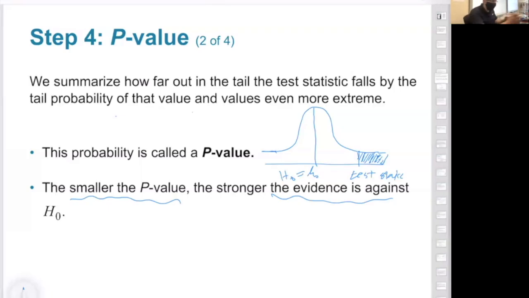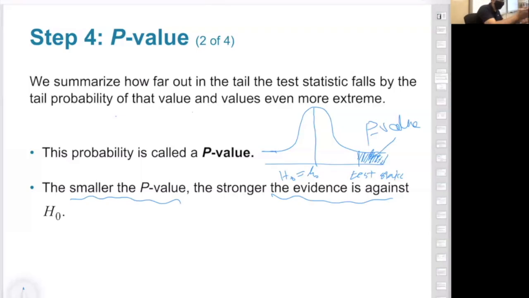So if the p-value is in this area, what that means is it's so extreme, so far from the middle, so that means it doesn't support the null hypothesis.